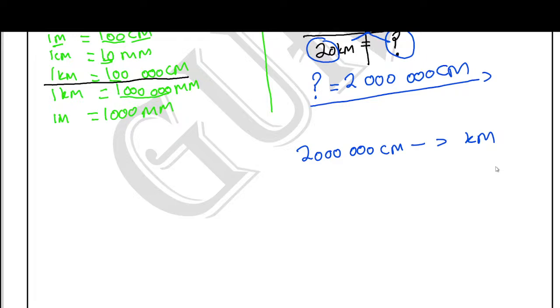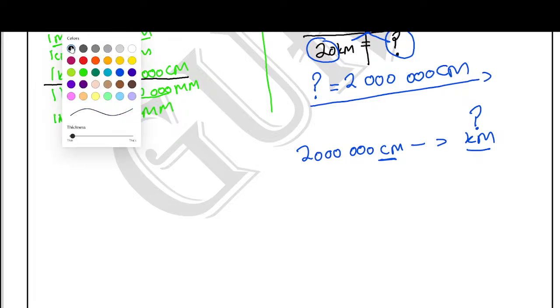All right, so what do we have? We have the centimeters. What do we want? We want the kilometers. Now because they are talking about centimeters and kilometers, you come here again. You don't move away from your metric system.